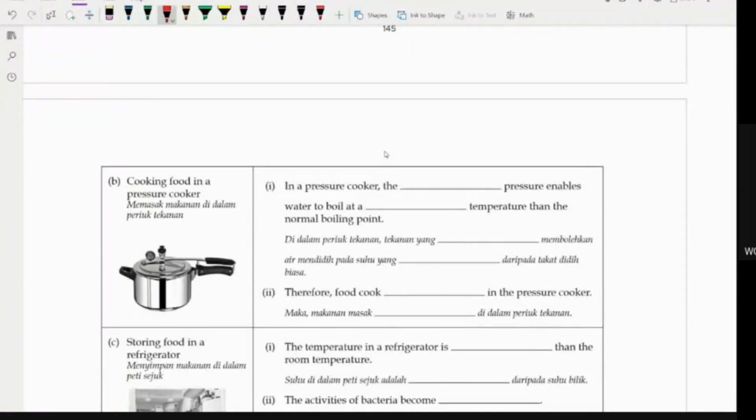What factor affects using the pressure cooker, class? What is the factor? Anyone?